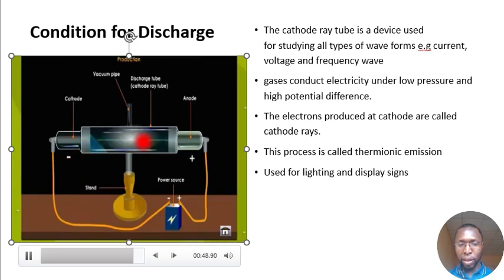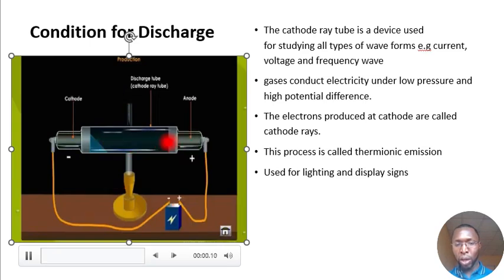This glowing of light shows that electrons are coming from the cathode and going straight to the anode, and these electrons are known as cathode rays. Rays that are coming from the cathode are known as cathode rays, and they are also known as electrons.